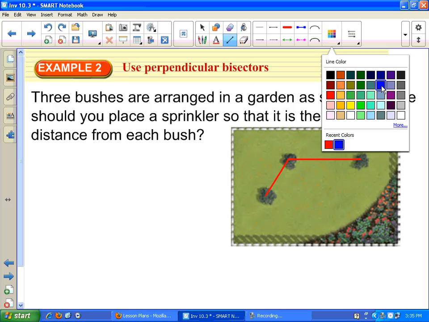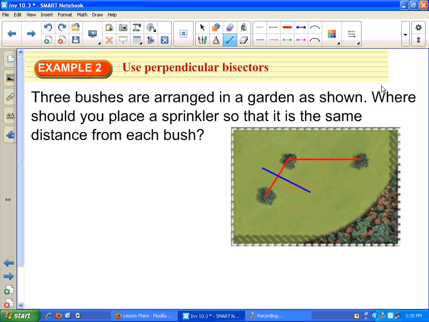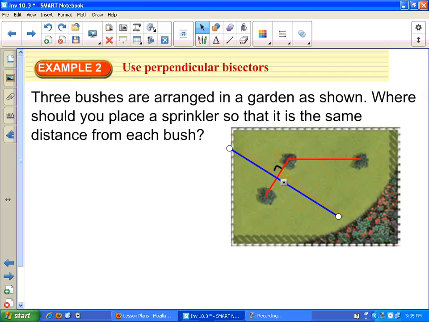Draw my perpendicular bisector, and that will go both ways. Remember, for it to be a perpendicular bisector, it needs a right angle. I've got to shift that a little bit, trying to get that right in the middle so that each chunk is the same distance.